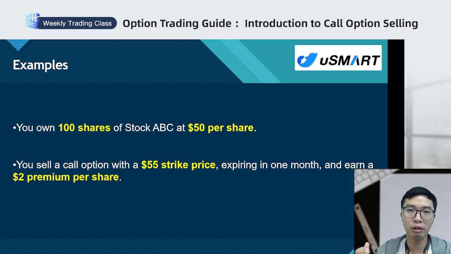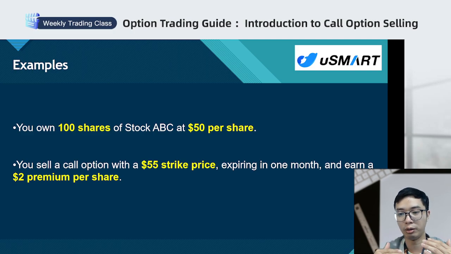So as long as the price stays below this 55 or sideways, in this case this is the $2 premium per share, you can keep earning this premium. Like maybe this month you can earn $2. If you get $2 and the price still didn't go past this 55 strike price, then you can keep on repeating, selling this premium again.